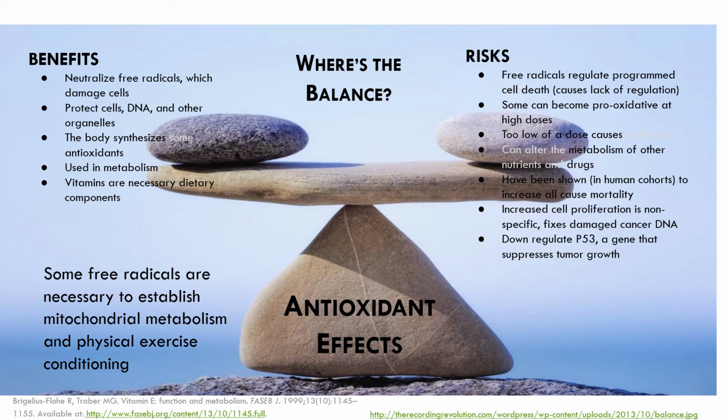Antioxidants, we've had this talk in other lectures. They can be very important, but we have to watch out, because anything in excess can be bad. So we want to balance out. The bottom line with antioxidants, which a lot of foods contain, is that free radicals ultimately damage cells, and they're like a toxin in the body, and having antioxidants that can prevent that damage to the cell is extremely important.